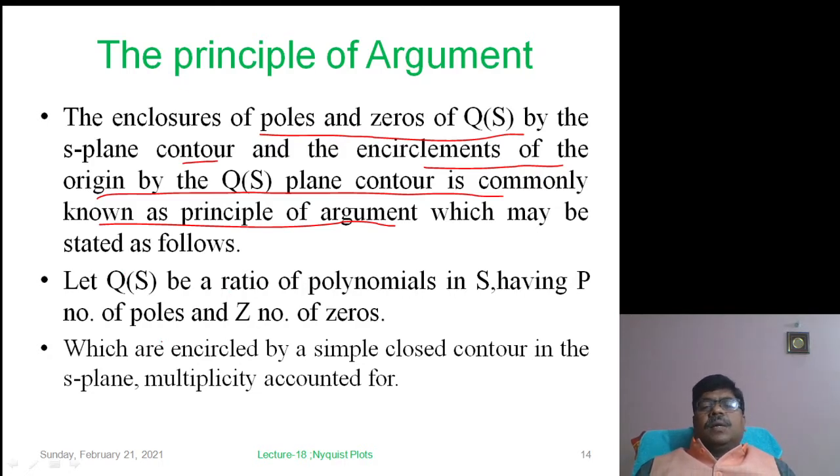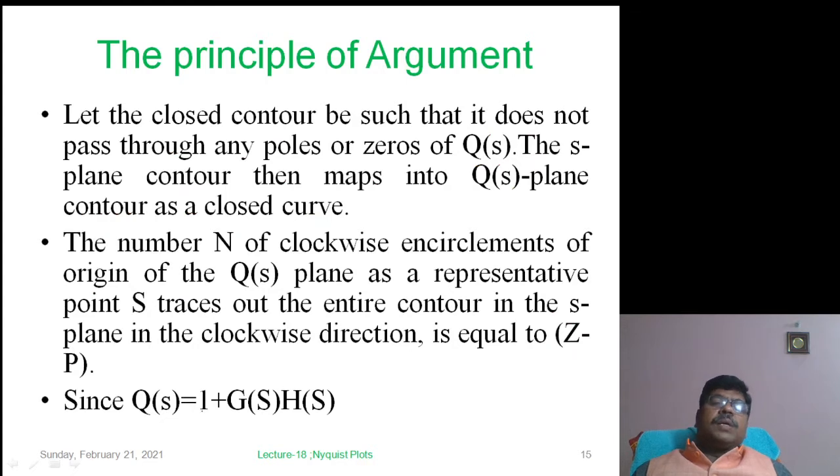Similar to this, Q(s) is a ratio of polynomials in s having P number of poles and Z number of zeros, and if the point is encircled multiple times, we have to account for that.